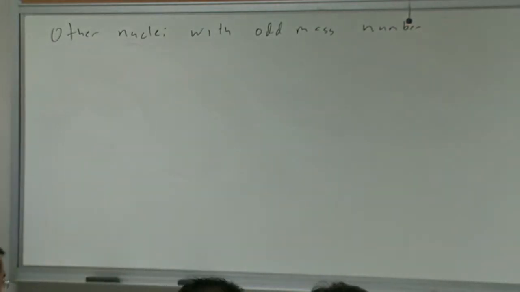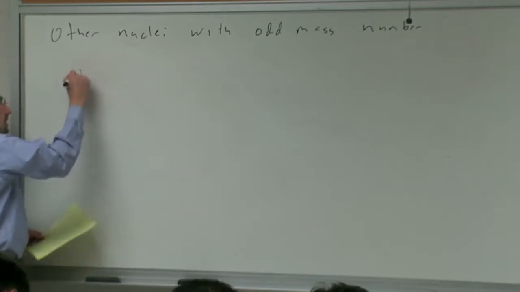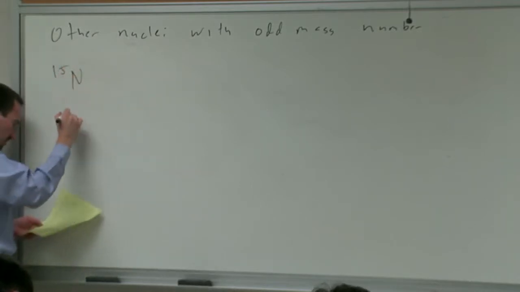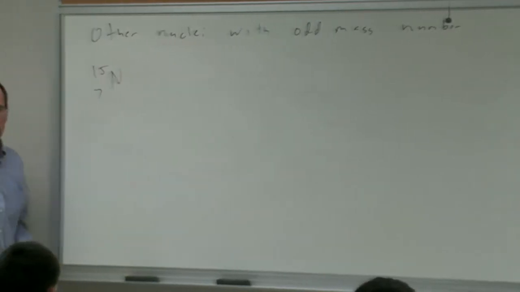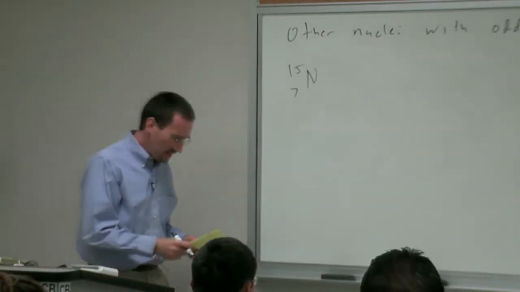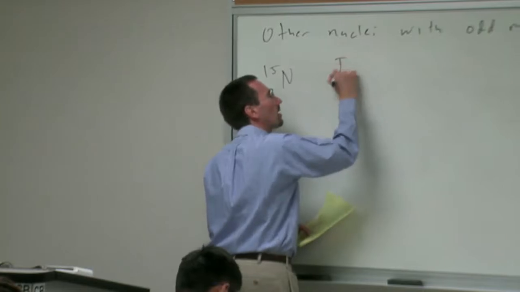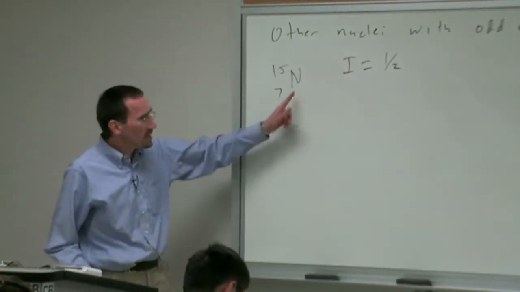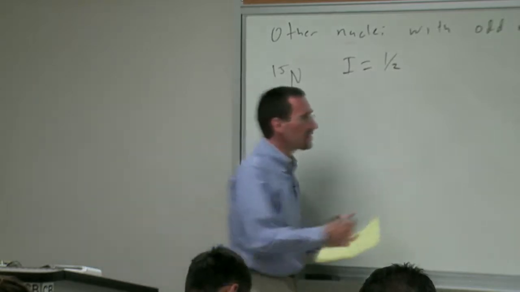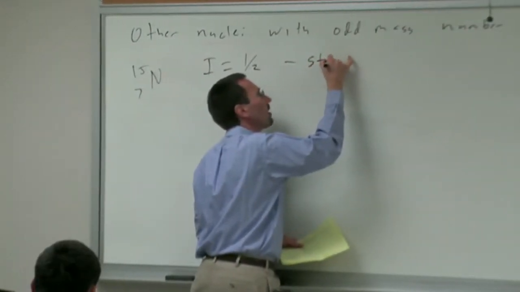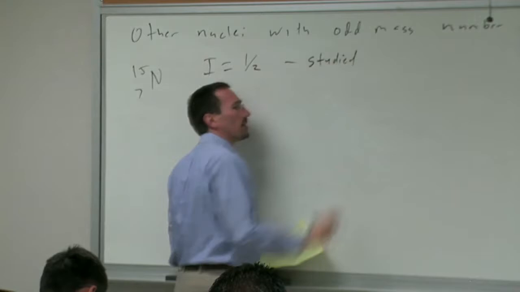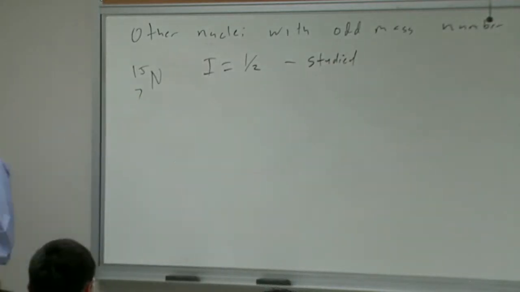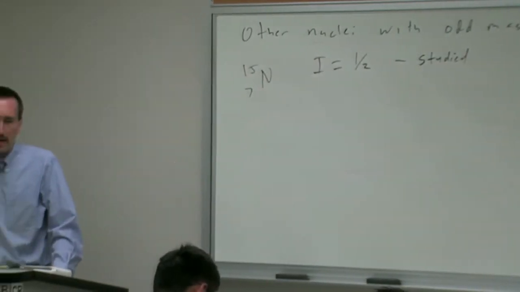So one very important nucleus in biomolecular NMR is N15. Nitrogen 15 has a spin number of I equals 1. And indeed, N15 is often studied. Most nitrogen is not N15.